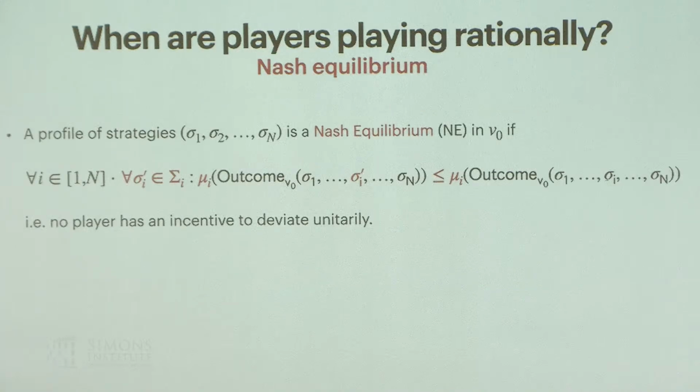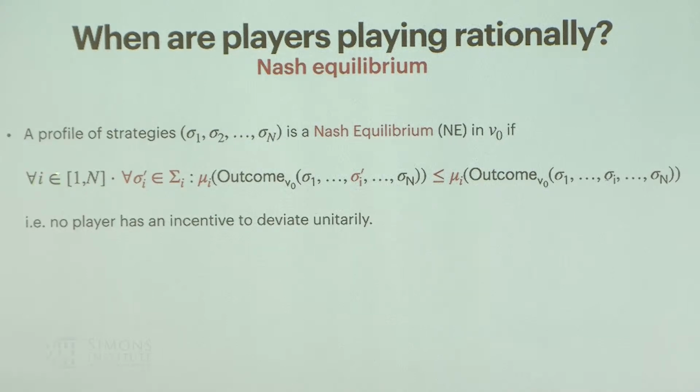Okay, so to define SPE, I should first define what a Nash equilibrium is. A Nash equilibrium is a profile of strategies, so one strategy per player in the game graph, such that, intuitively, no player has an incentive to change his strategy if the others stick to their strategies. This translates mathematically as follows.